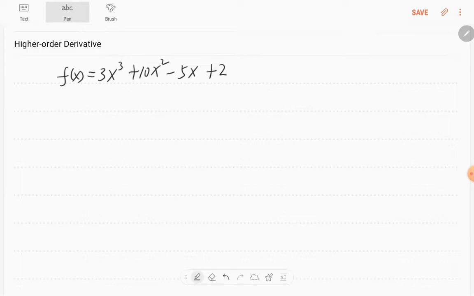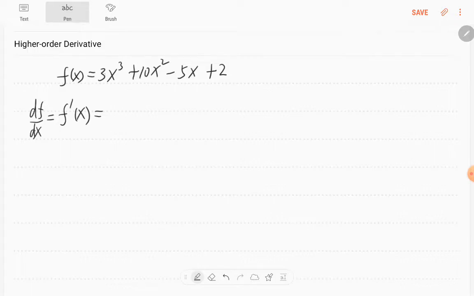Okay, so we take the derivative, which is df/dx. We write it as f prime. We take the derivative of each term.